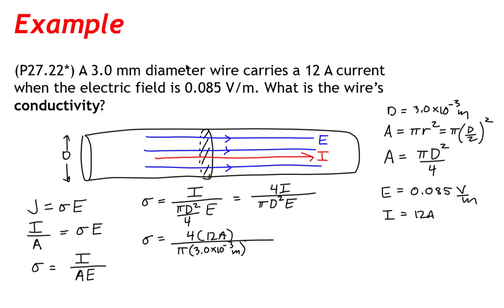The diameter is squared, so that quantity is squared, times the magnitude of the electric field, which is 0.085 volts per meter. After doing our unit check and plugging into the calculator, I get a value for conductivity to be 2.0 times 10 to the 7th mhos. And remember, a mho is just a reciprocal ohm meter.